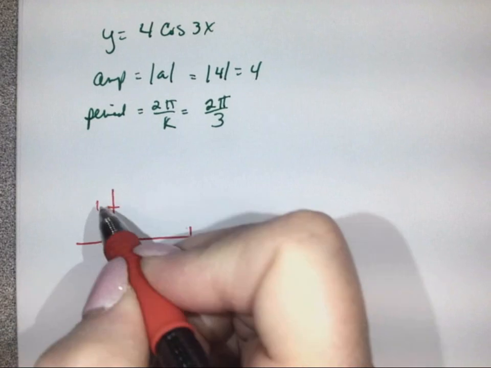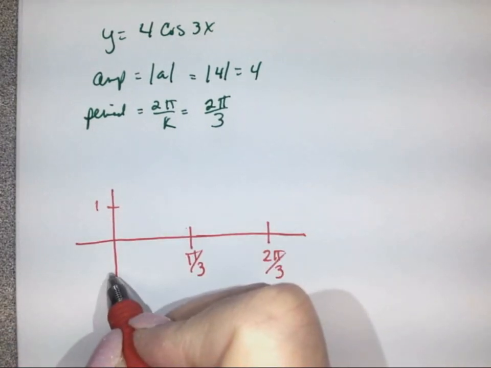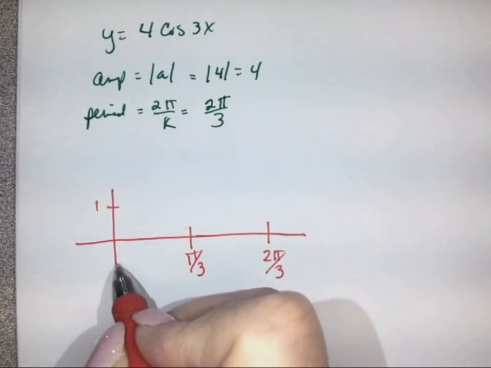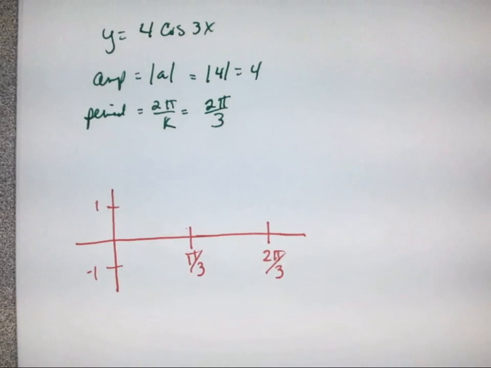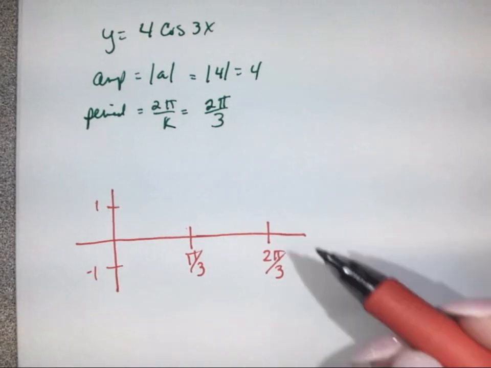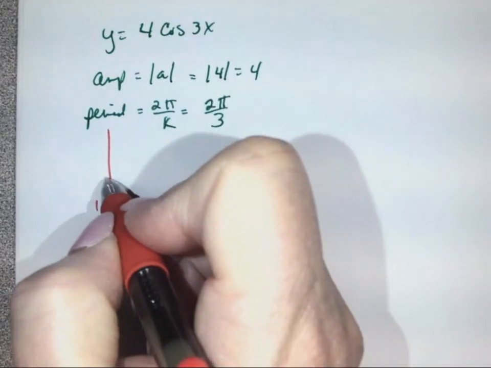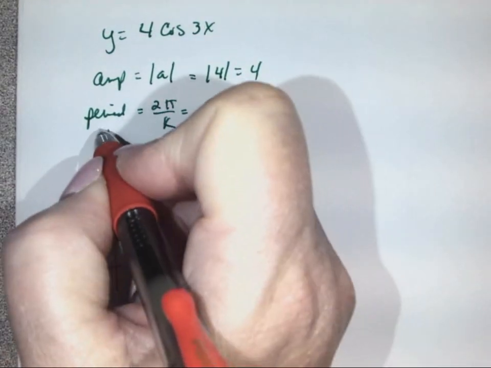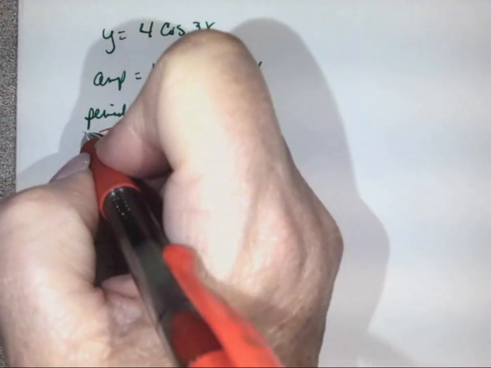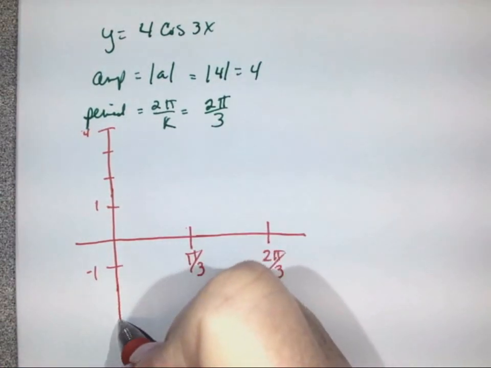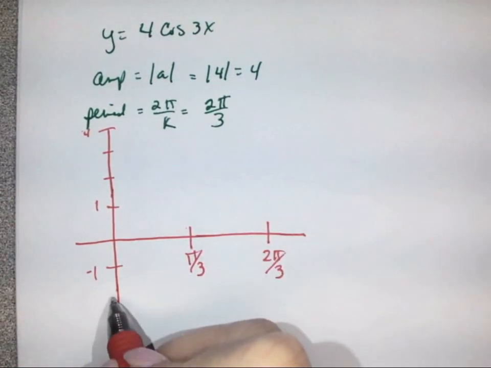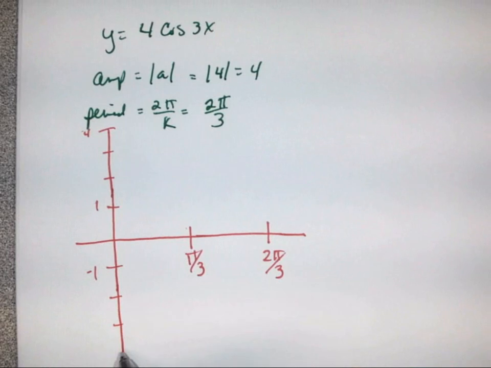And then again, we're going to have our 1 and our negative 1, but we have to go up to 4. So we're going to stretch this up. There's 1, 2, 3, and 4. And we're going to have to stretch it down. Negative 1, negative 2, negative 3, and negative 4.